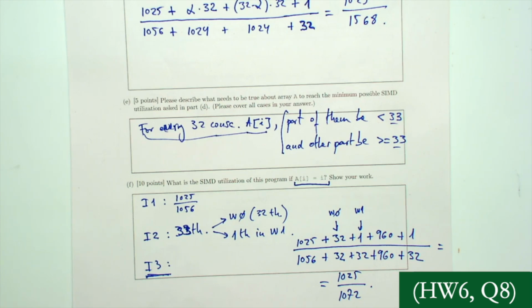Yes, that's assuming that there is dynamic warp formation. That doesn't hold here. Because the way it was explained was like an optimization, a possible optimization for warp scheduling on GPUs.